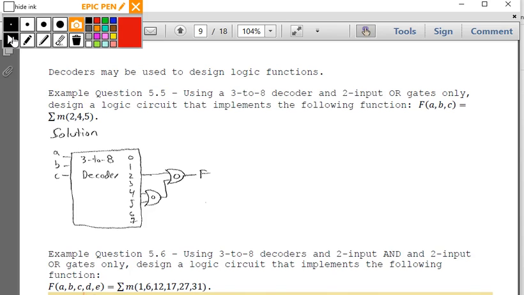So F of A, B, and C. The min terms are 2, 4, and 5. So you could drop a fancy K-map, spend all this time and energy, or I just have my 3 to 8 decoder, and then I just have my outputs 2, my outputs 4, my outputs 5, or OR gate function.